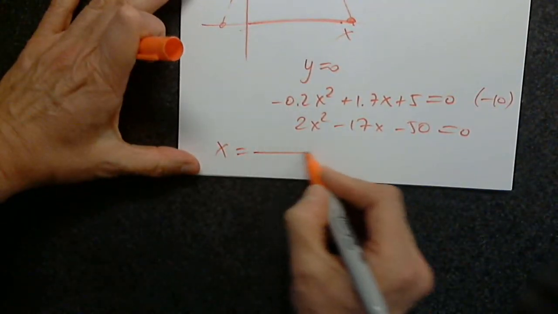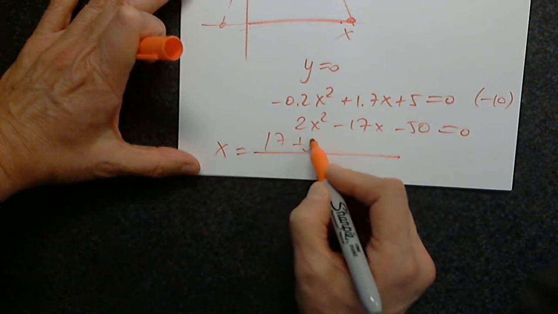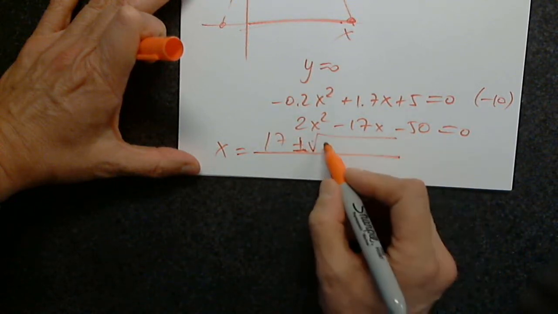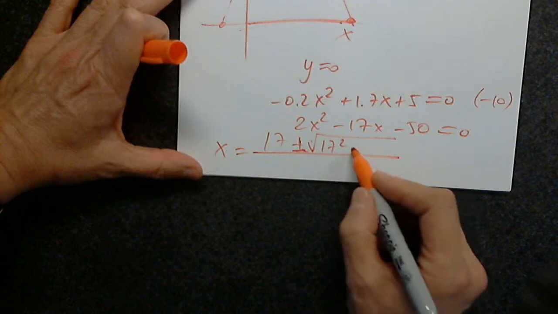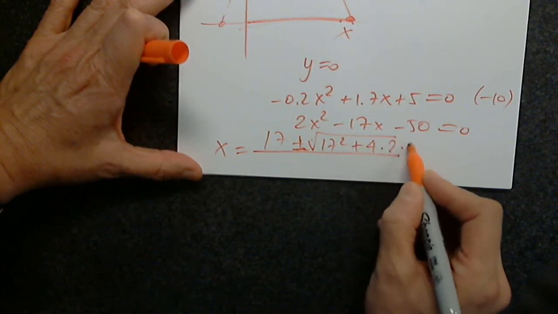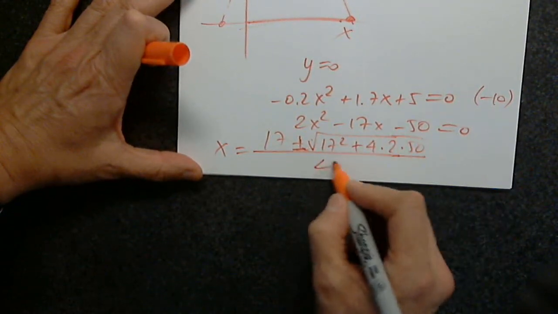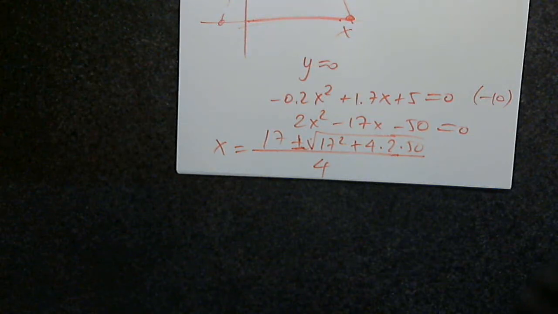So then x equals negative b plus or minus the square root of b squared minus 4ac, 4 times 2 times 50, divided by 2 times a. It's highly recommended to put everything at once in the graphing calculator, not do it step by step, because you pile up the error. You can say, is it such a big deal?